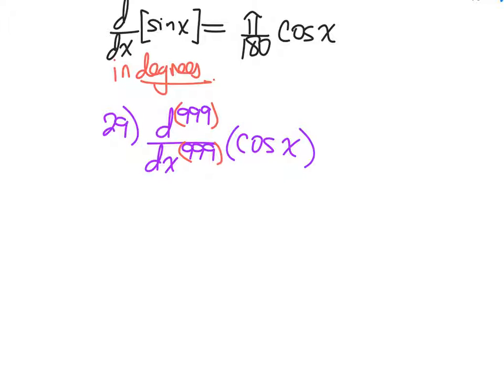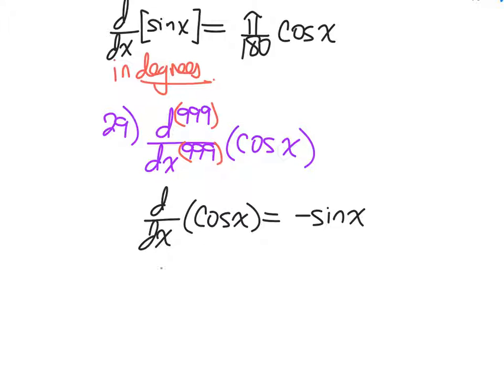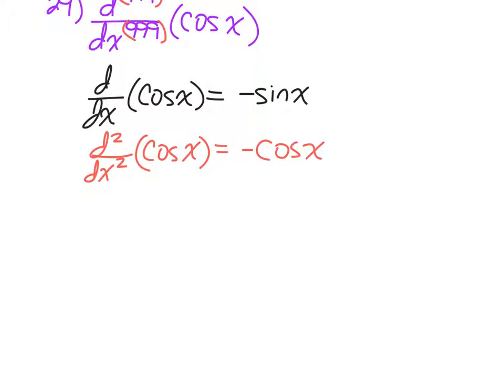The idea would be, I don't know the 999th derivative definitely, but why don't we just start off with the first derivative? Which is what? Negative sine x. And the second derivative? Negative cosine x.